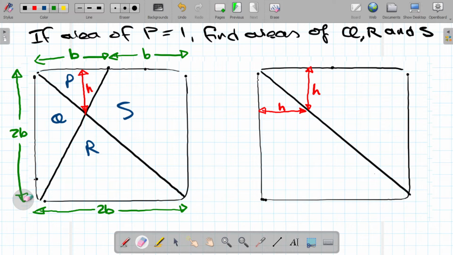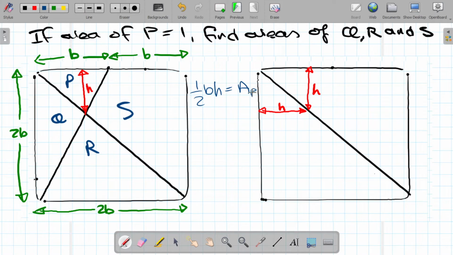Now, I've also labelled this height of this triangle as H because, as you may recall, half the base, that's this base B, times the height is equal to the area of that triangle.